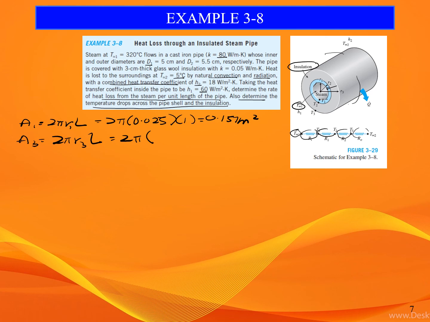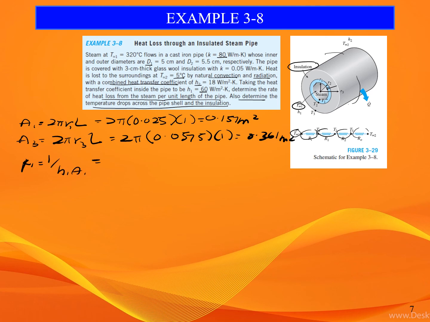So the radius would be 0.0575, times 1, and we get 0.361 meter squared.